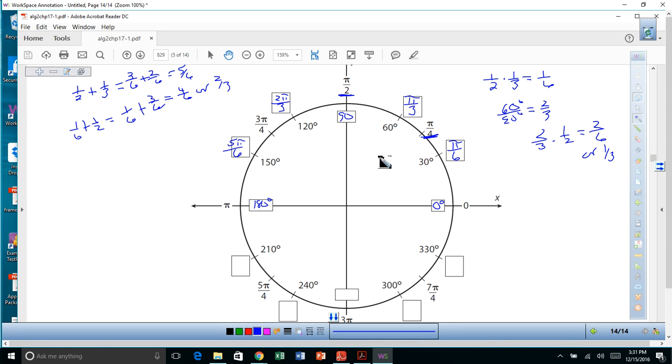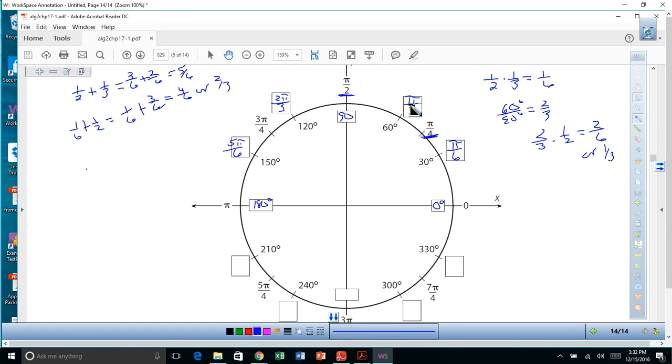So hey, look, we're halfway there. Now think of it. This is directly opposite of that right there, right? What if we just add a pi to it?